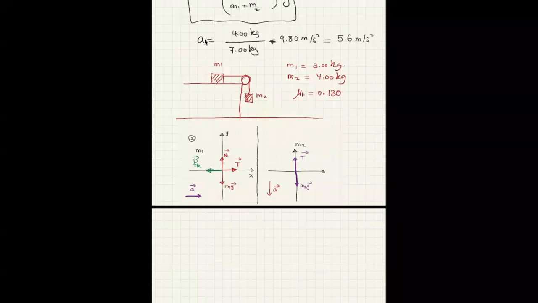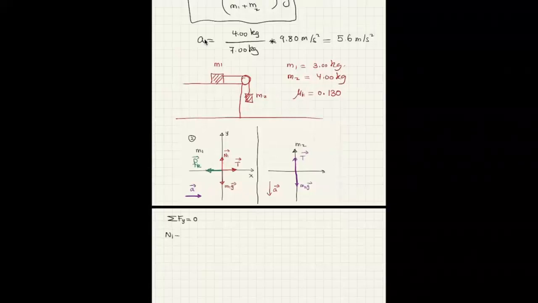Now my equations for Newton's second law are gonna change. For the vertical one, sigma Fy equals 0, then normal 1 minus M1G should be 0, and normal 1 equals M1G.